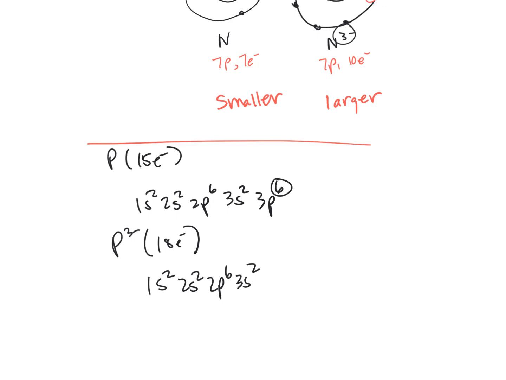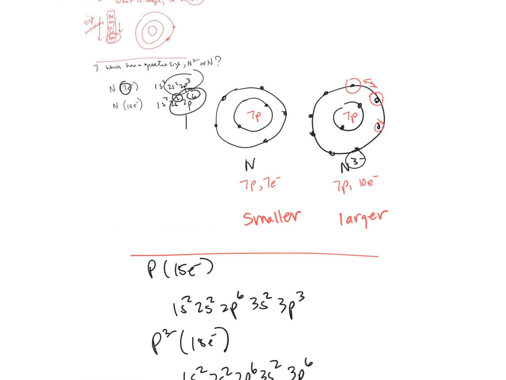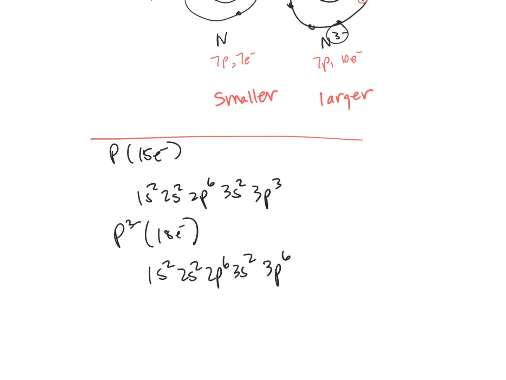That should be a 3. Going too fast here. Okay, 3p3. So we got 2, 4, 10, 12, 15. And then for the case of P3 minus, 3s2, 3p6. So it's just similar to what happened with nitrogen, except you've got some additional electrons in n equals 3. And I feel like I said something wrong back then.